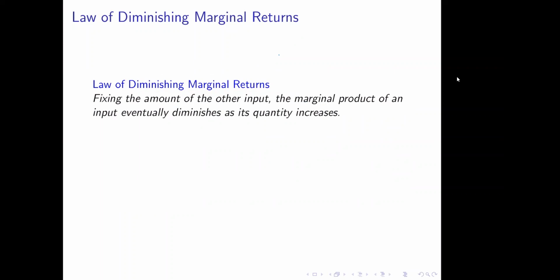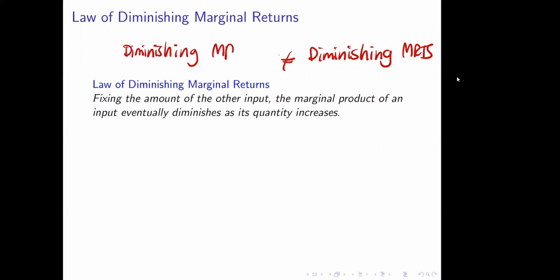They sound similar and have some similarity, but they are actually two different things. Diminishing MRTS is not the same. Diminishing marginal returns is basically the same as diminishing marginal product. Marginal return is marginal product. These two are not the same.